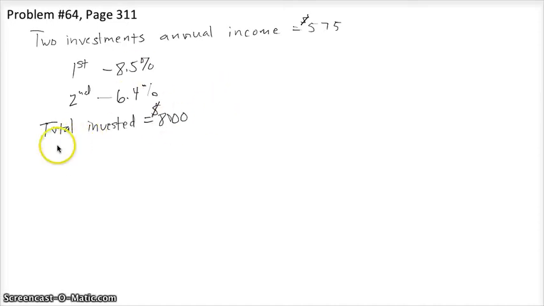So we need to have a variable to represent each one of these. I'm going to let X be the amount in the first account, and Y be the same thing except the second account.